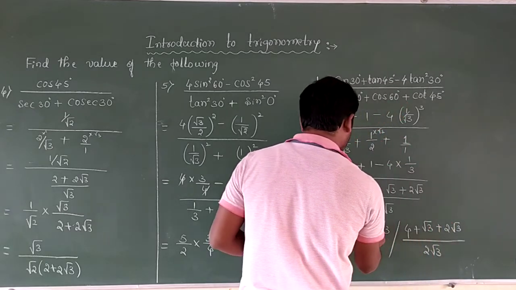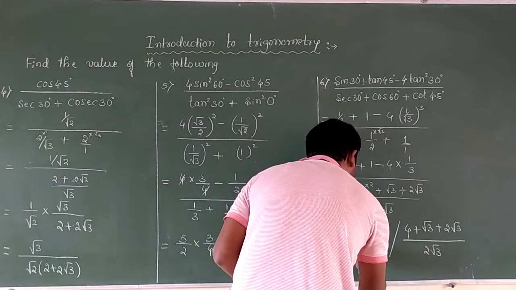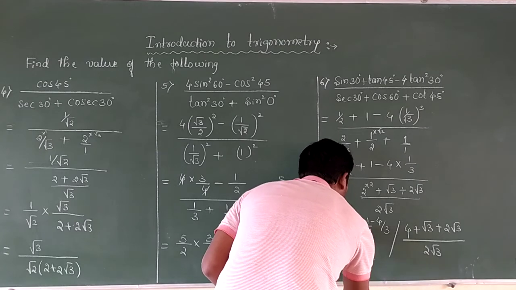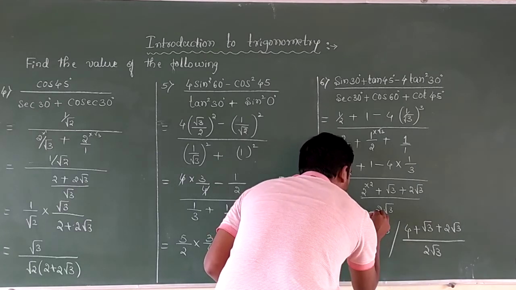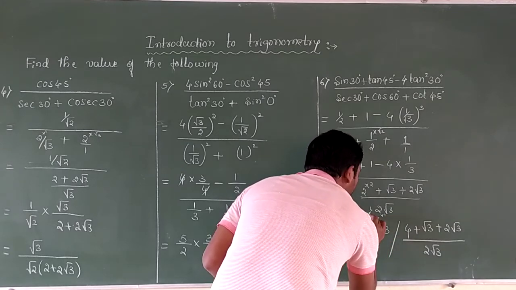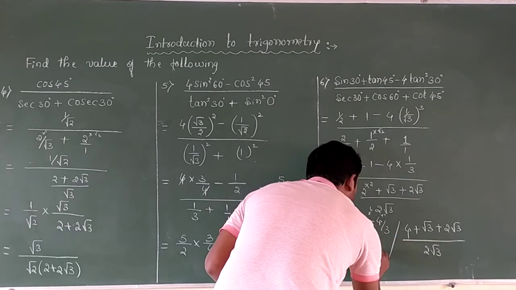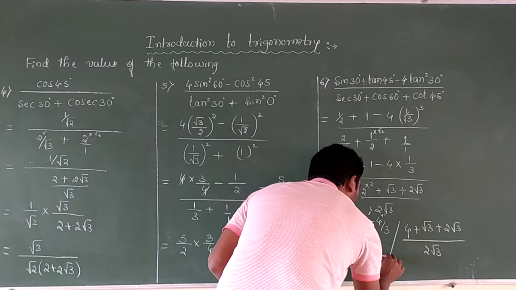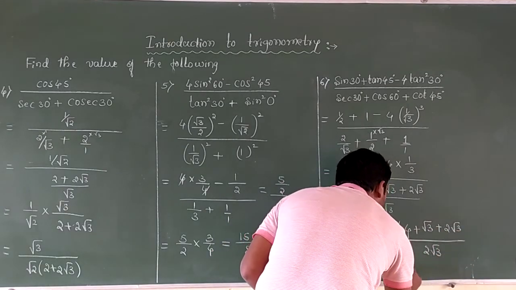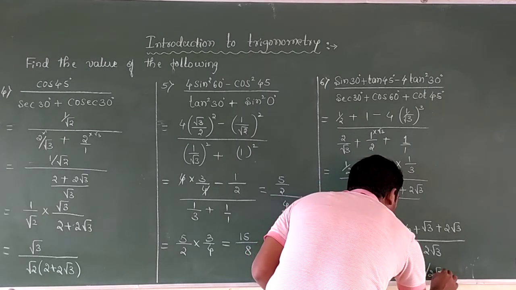So this is equals to, here take the LCM of 3 and 2, it is 6. So 6 2s are 3, 6 3s are 1, 6 1s are 3, 3 minus 1 is 6, plus 1, 6 6s are 4, 4 minus 4 whole divided by 4 plus root 3 plus 2 root 3 is 3 root 3 whole divided by 2 root 3.